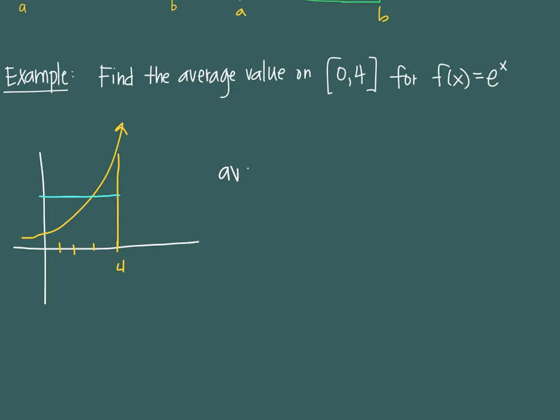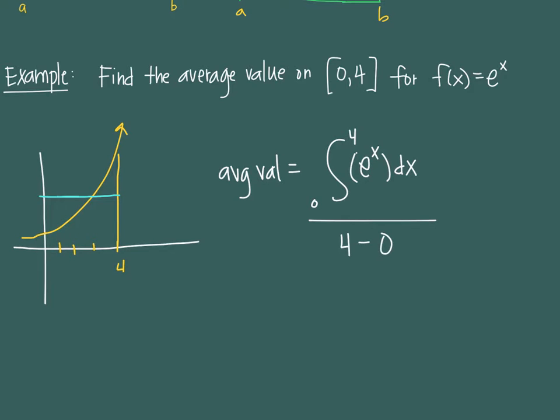So we use the definition. Average value is the integral from 0 to 4 of e to the x dx over the interval 4 minus 0. So it's the integral set up over the closed bounds and then over the interval.